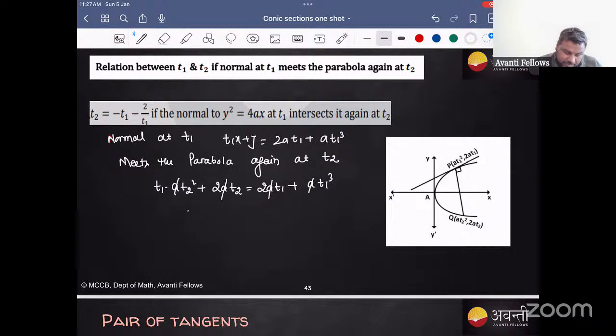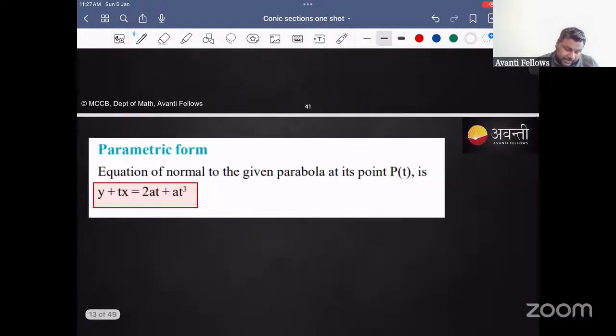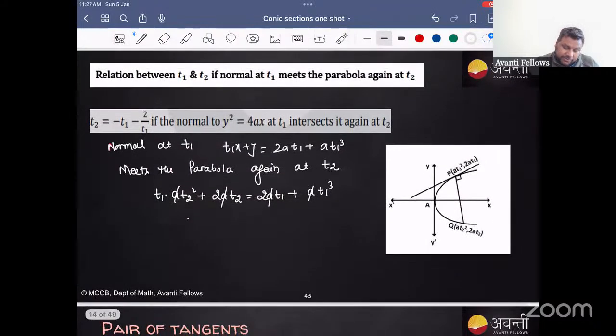Relation between t1 and t2 if the normal at t1 meets the parabola again at t2. The normal at t1 is t1x plus y equals 2at1 plus at1 cube. Now I made it pass through (at2 square, 2at2). Fine. So 2t2 equals 2t1 plus, yes.